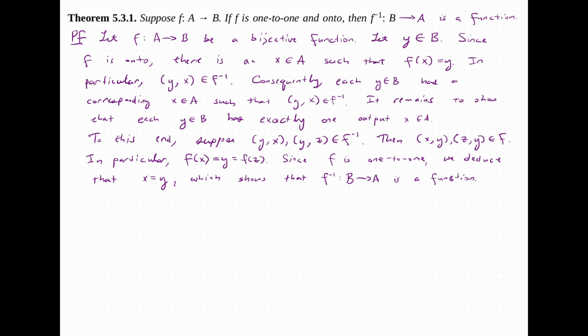Now a comment on Bellemant's writing style. In Bellemant's text, he would simply finish the proof by saying, which shows that f inverse from B to A, and from this notation it is inferred that this is a function. That is not a common usage, so usually we would just write the whole phrase, f inverse is a function.